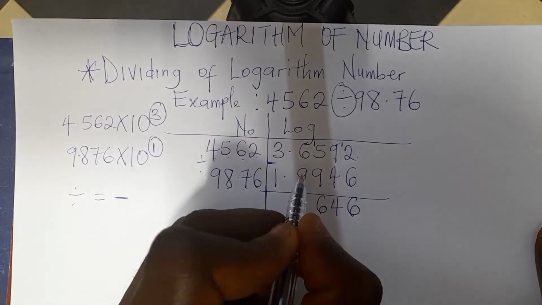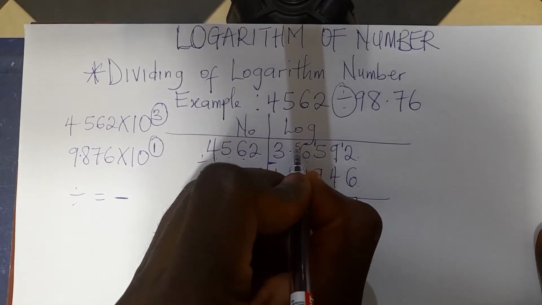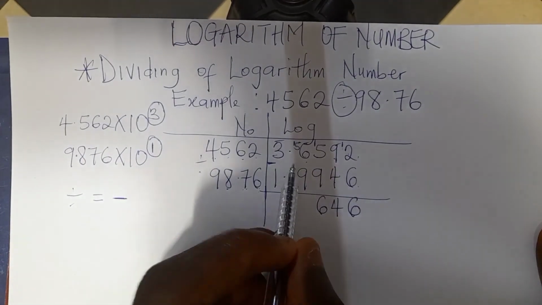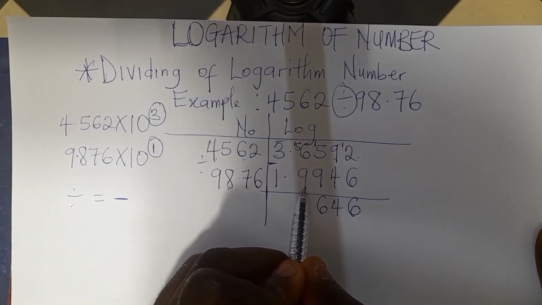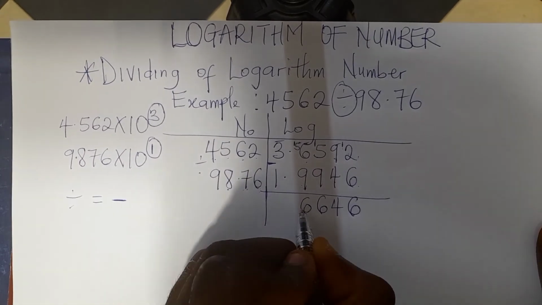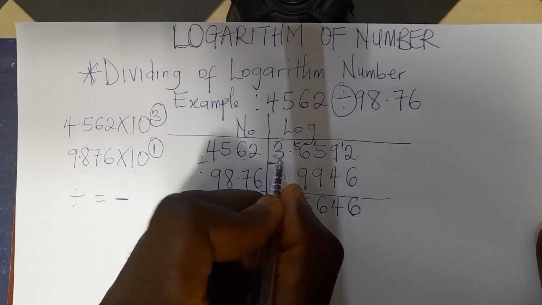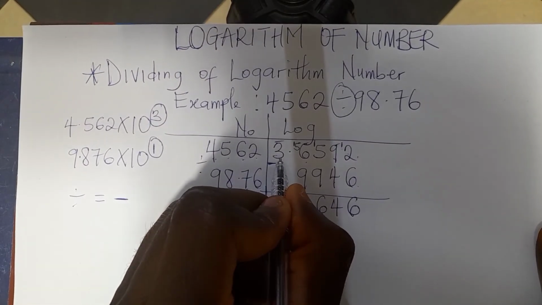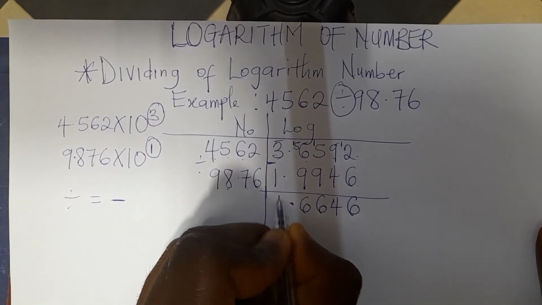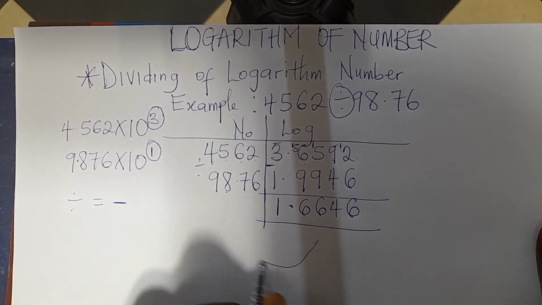Now this remains 5. You're lending 1 here because this cannot minus this. So 15 minus 9 still gives us 6. Now remember, you removed 1 from here, so this is automatically 2. So 2 minus 1 gives us 1.